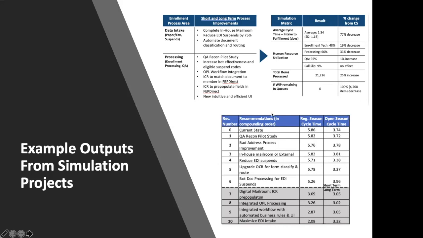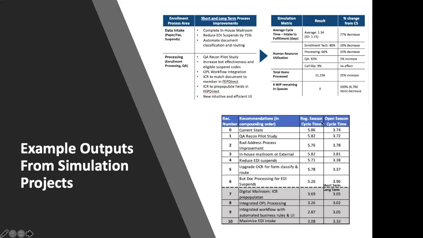So we developed with them 10 recommendations. And then as these recommendations were run through their real life data and system, we found that if they were to implement all of these, they could get the cycle time down to 2 days, and the open enrollment cycle time down to 3.3 days.